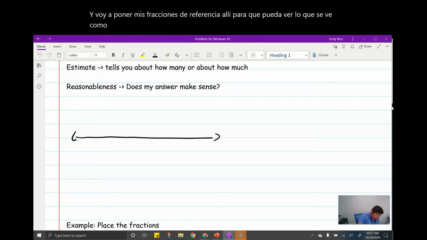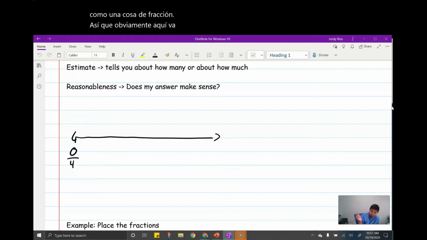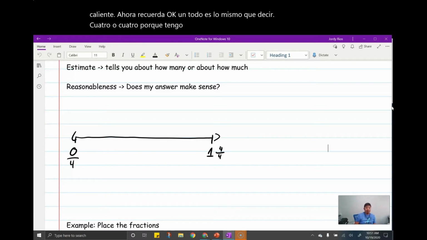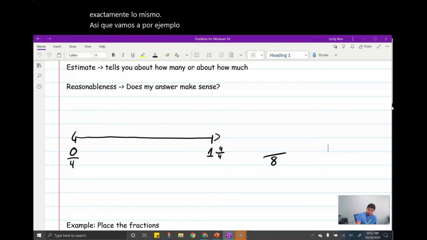So obviously here it's going to be 0 or 0/4, and at the end it's going to be 1, or 4/4. Remember, 1 whole is the same thing as saying 4/4 because I have 4 pieces out of 4 pieces. It's the exact same thing. So for example, if I have 8 pieces, a whole of that would be 8/8, and that's the same thing as saying 1, okay?